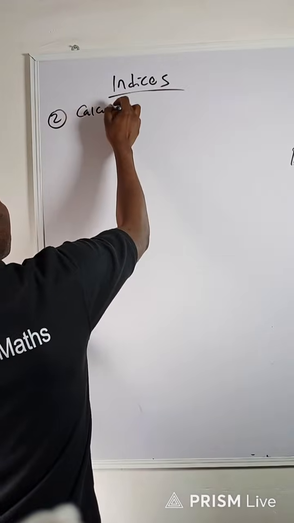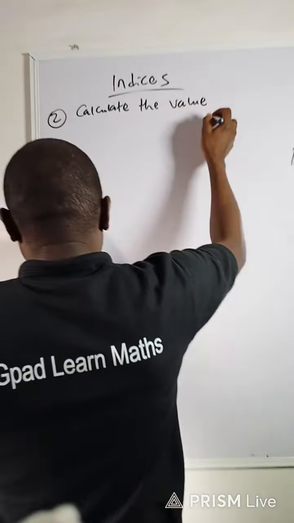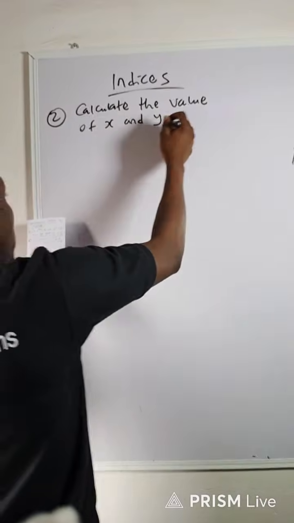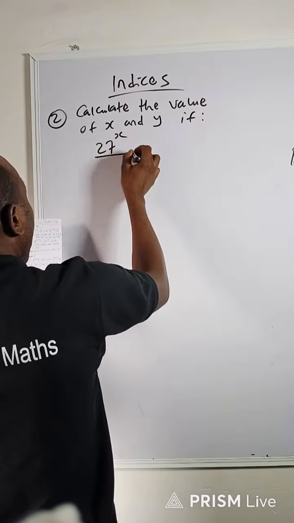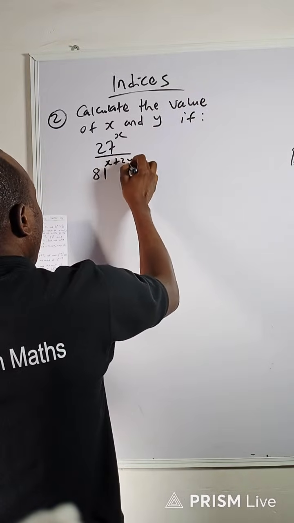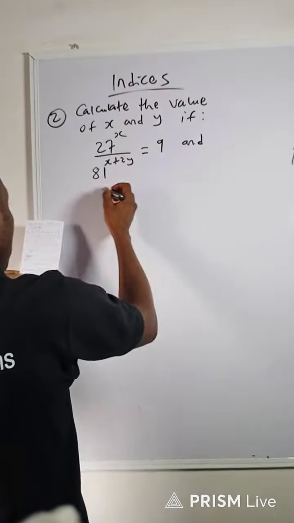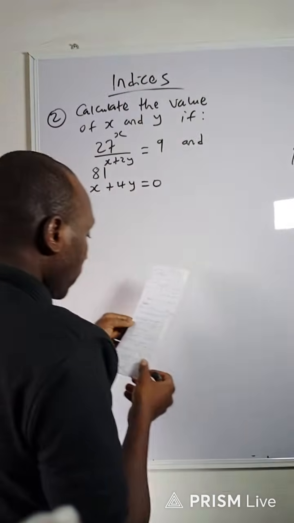Calculate the value of x and y if 27 raised to the power of x over 81 raised to the power of x plus 2y is equal to 9 and x plus 4y is equal to 0.